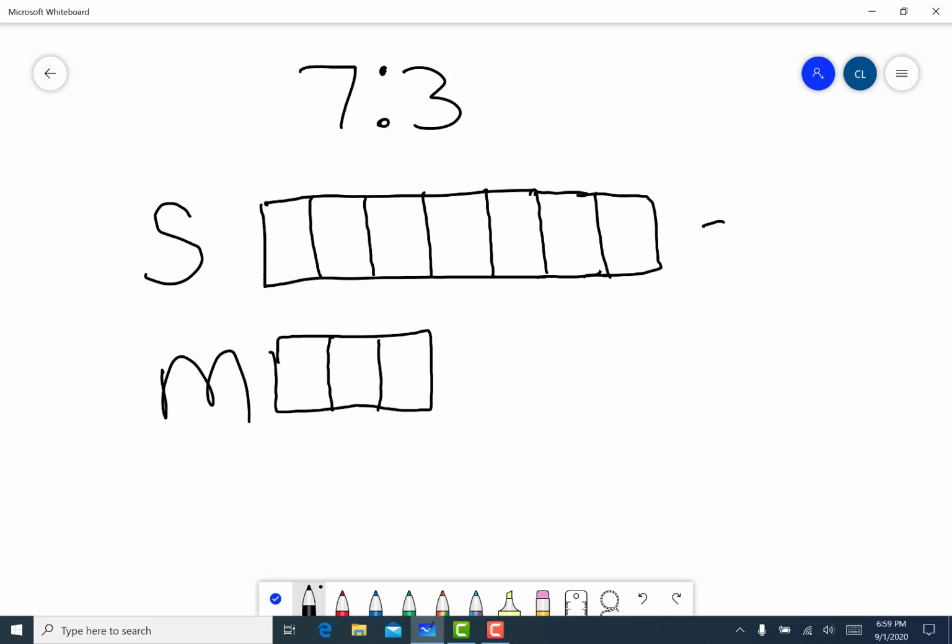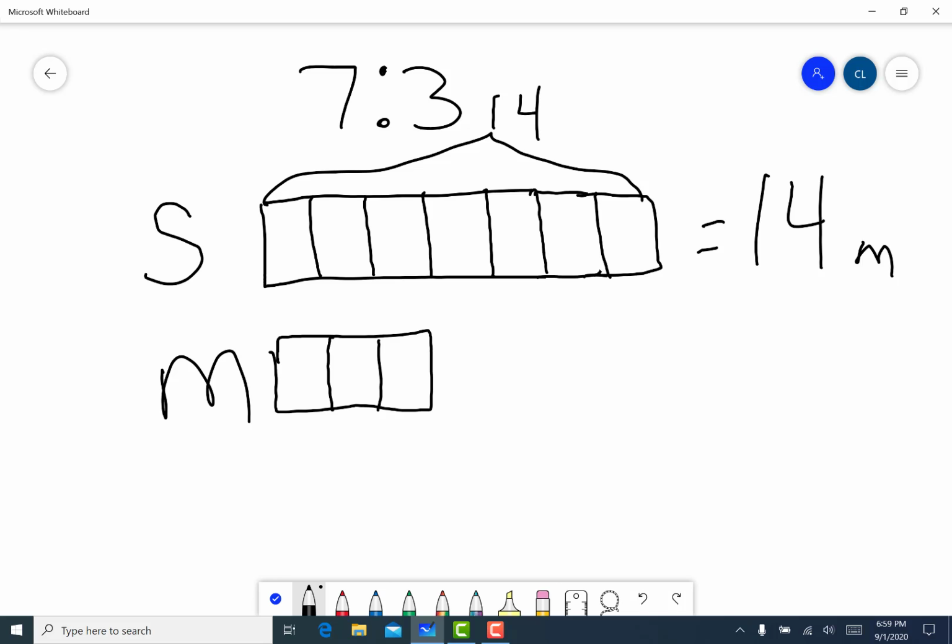I'm going to put an M here for meters. How long would Mel's ribbon be if Shawnee's 7 boxes equals 14? So that means thinking about 7 boxes equals 14, each one of these boxes equals what?